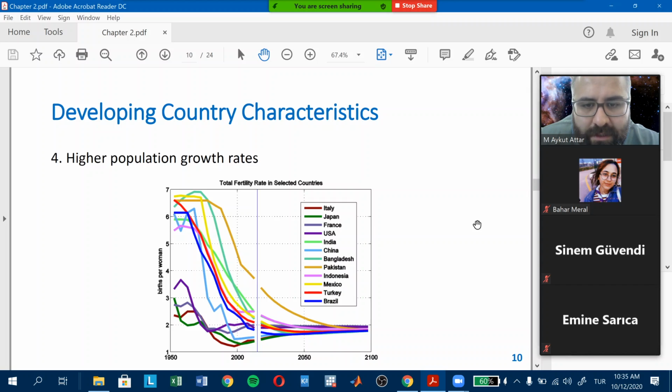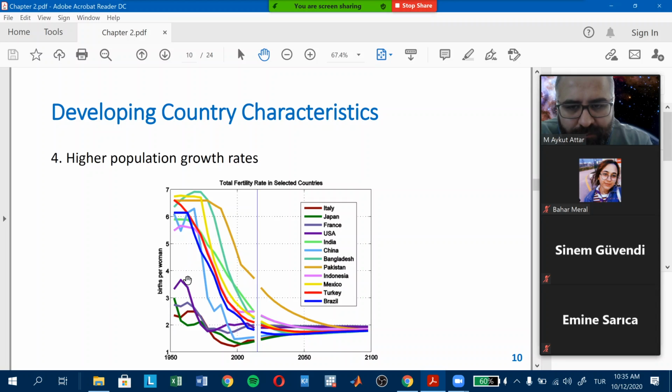In the horizontal axis you see years, in 5-year intervals, and on the vertical axis you see births per woman. So this is total fertility rate, total period fertility rate, to be more specific. And you see here different countries: Italy, Japan, France, and USA.